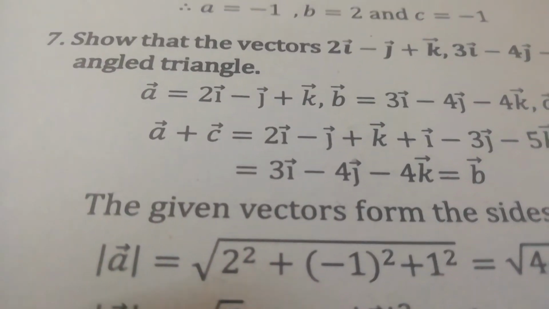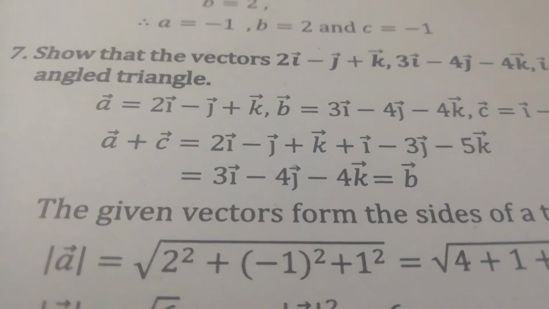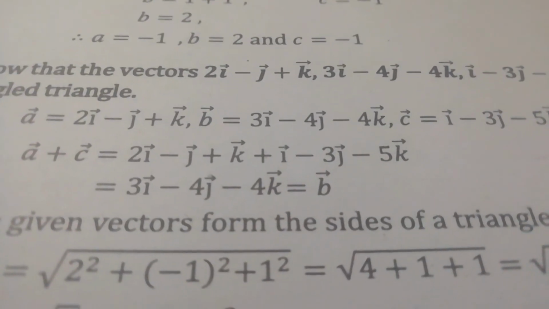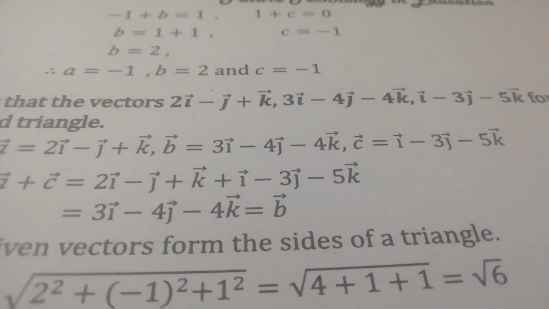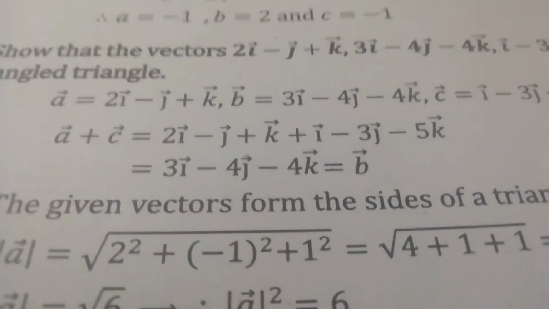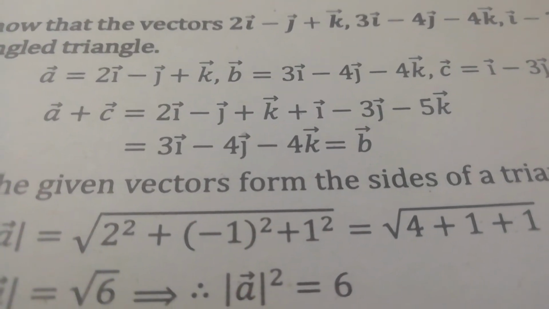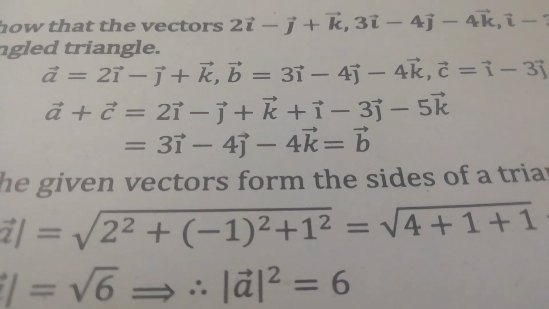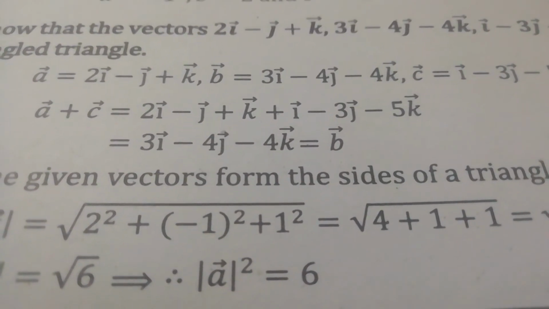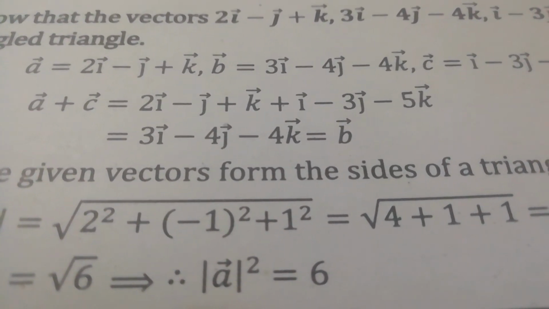Show that the vectors 2i − j + k, 3i − 4j − 4k, i − 3j − 5k form a right angle triangle. We can consider these as vector a, vector b, and vector c. What is the triangle law?